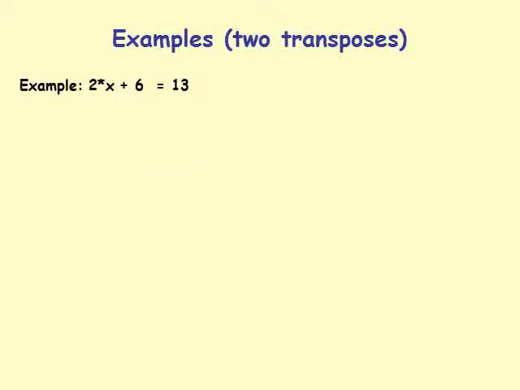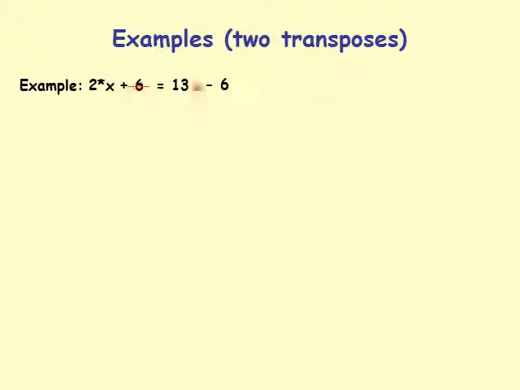Now we have an example where we require two transposes. First we had x, we multiplied it by 2, we added 6 to that, and the answer is 13. First, this plus 6 goes to the right: we move it across the equal sign and it gets transposed to minus 6.